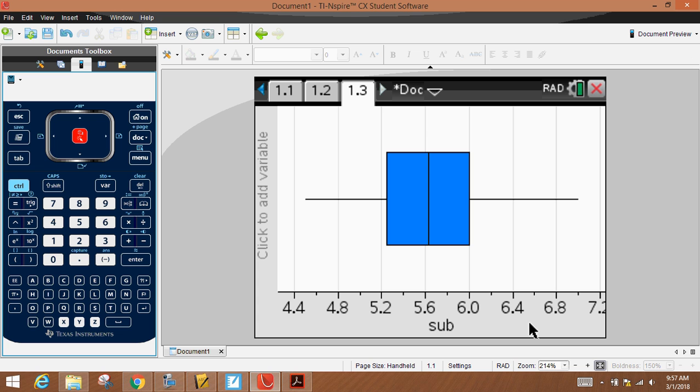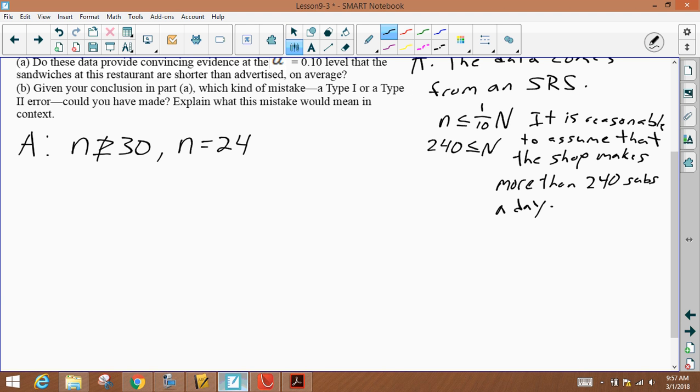I'm going to put 4.4. 7.0. I feel like I want to draw a straighter line than that. I'm just being weird about it.